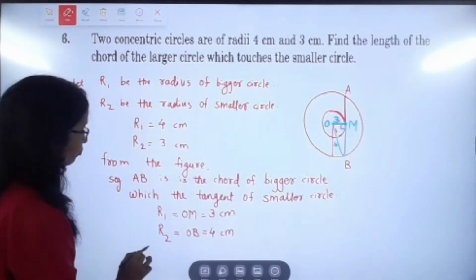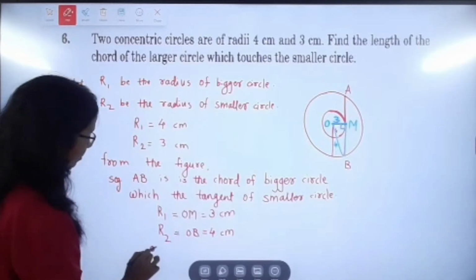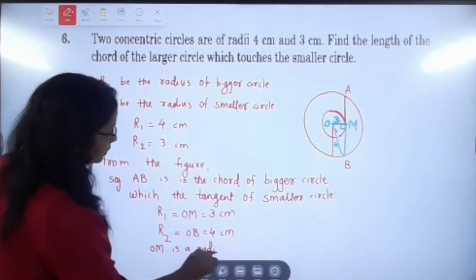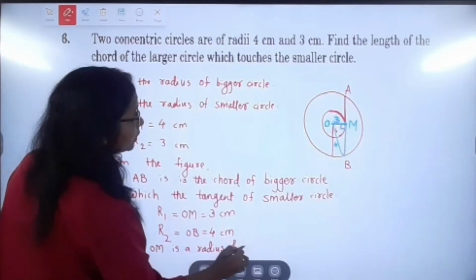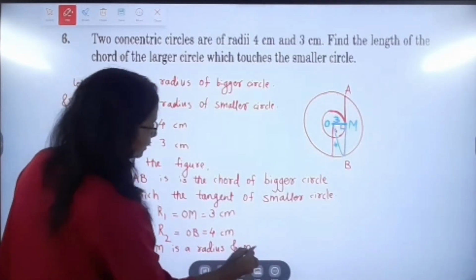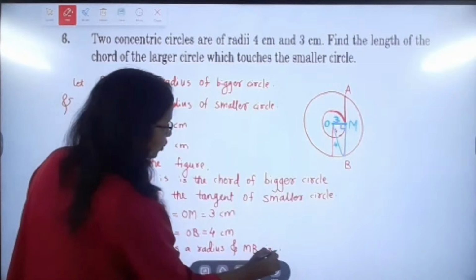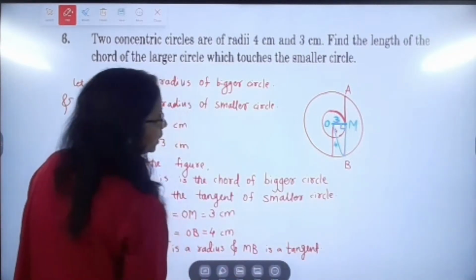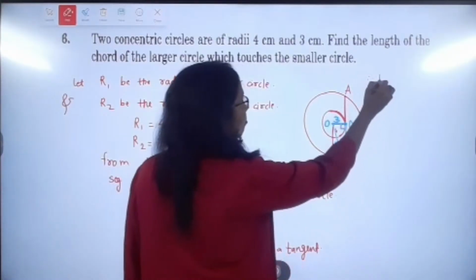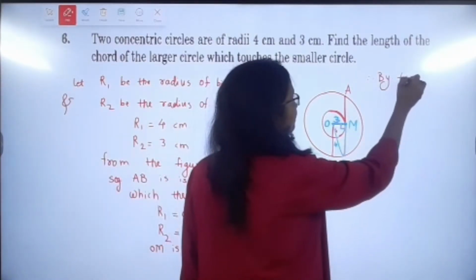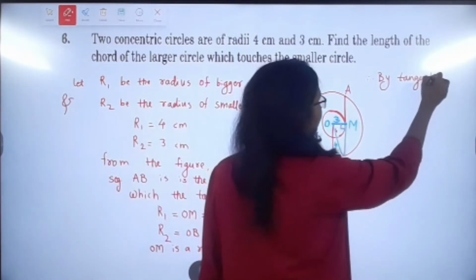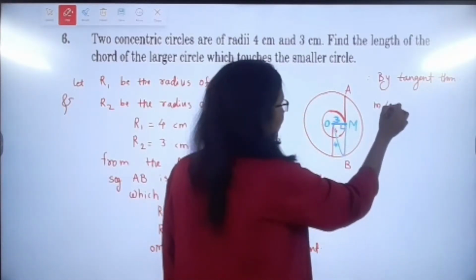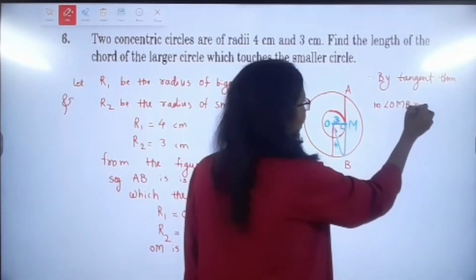Now OM is a radius and MB is a tangent. Therefore, by the tangent theorem, angle OMB is equal to 90 degrees.